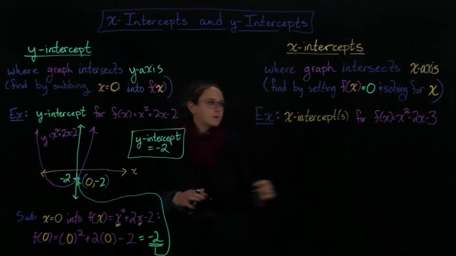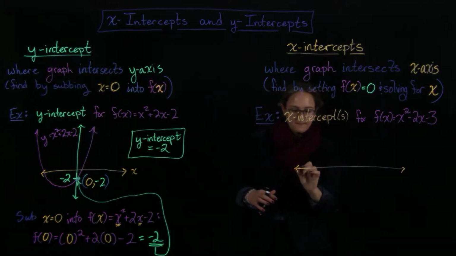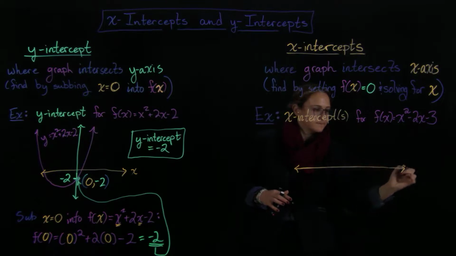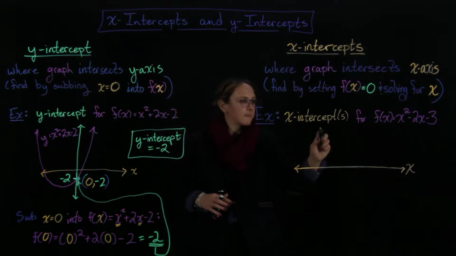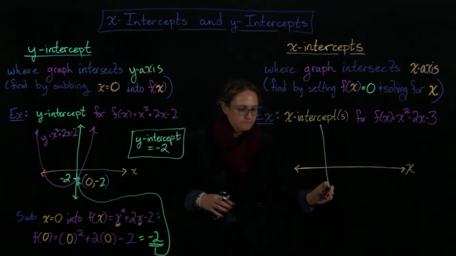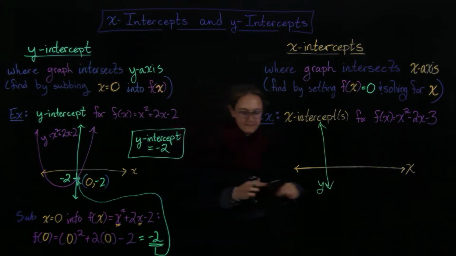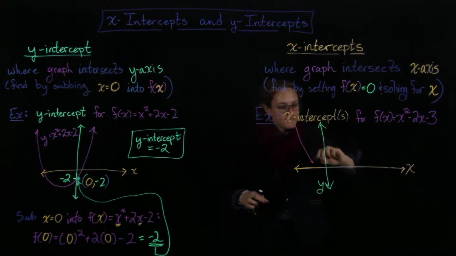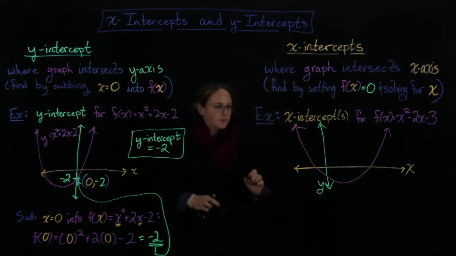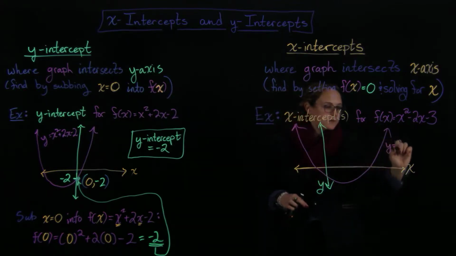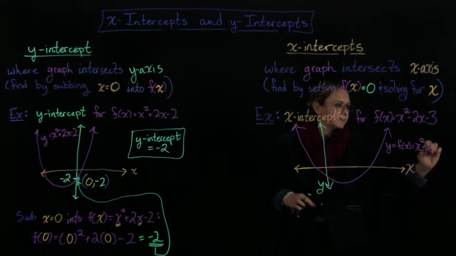And we have our orange x-axis and our y-axis. Our graph is going to be y equals f of x equals x squared minus 2x minus 3.